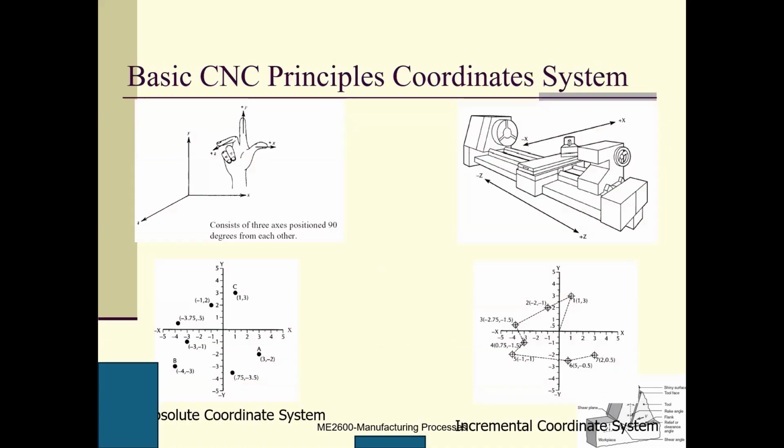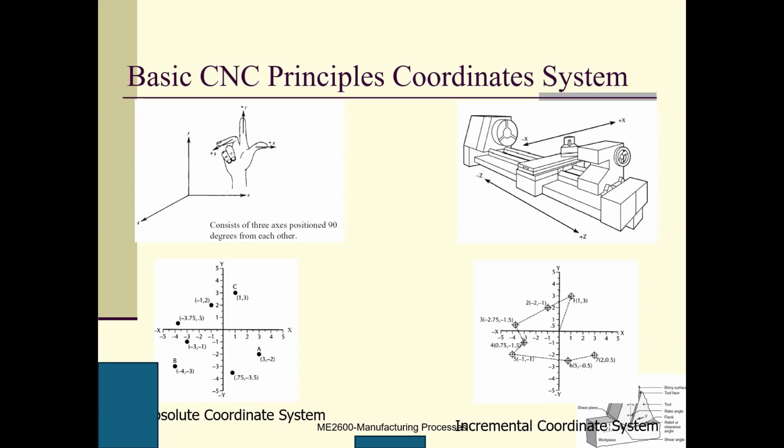Here are the basic CNC principles: the coordinate system. This is a CNC machine. They have a positive X and a negative X, positive Z and negative Z. When you use this machine, be very, very careful, okay? Some companies have their own convention. Be very, very careful which one is positive and which one is negative.